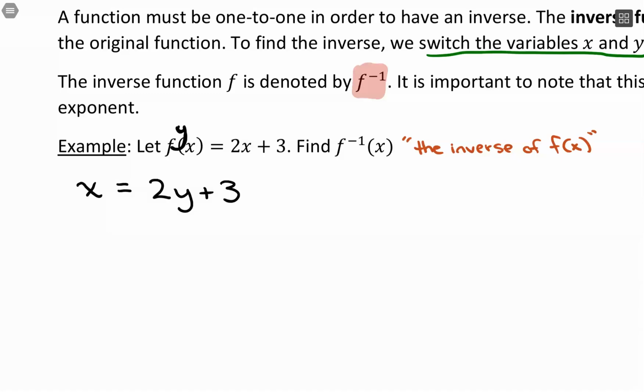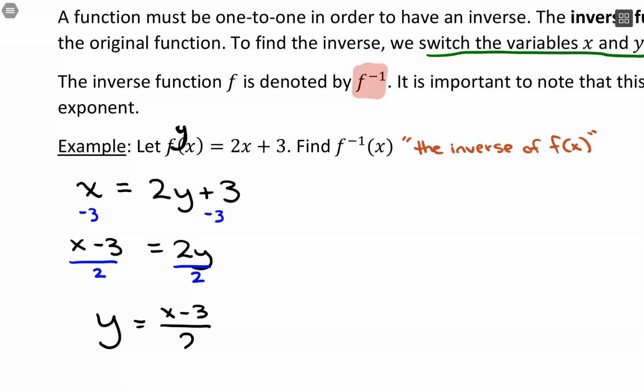And then I'm going to solve for y. So I would subtract 3 from both sides. So I get x minus 3 equals 2y. Then I would divide both sides by 2. So we end up with y equals (x minus 3) over 2. And that's my inverse function.